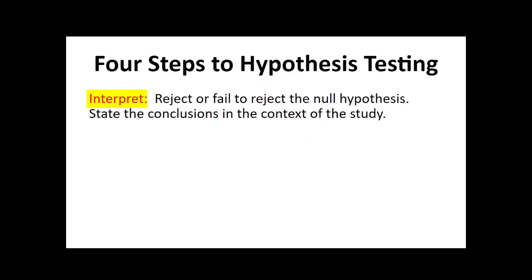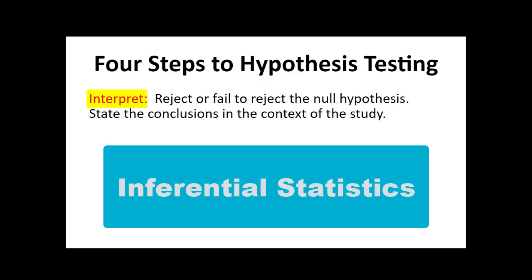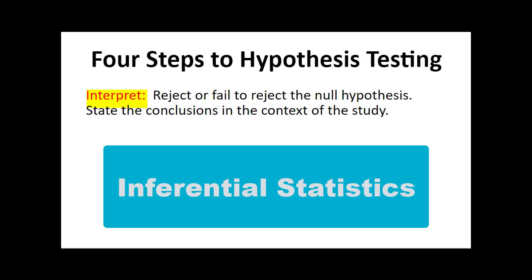Finally, the last step, the interpret step, fits into the inferential statistics category in the statistical process. So you can see how the statistical process has elements of null hypothesis testing. The 2 ideas or the 2 concepts are intertwined. They're working together in order to conduct statistical analysis.